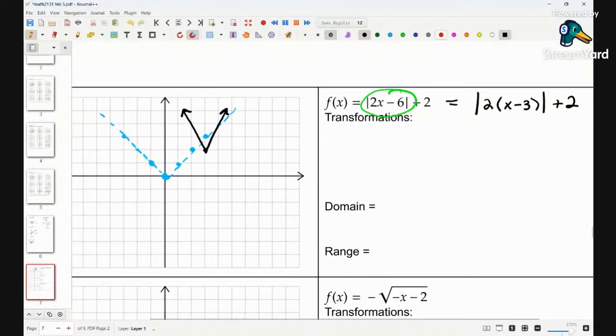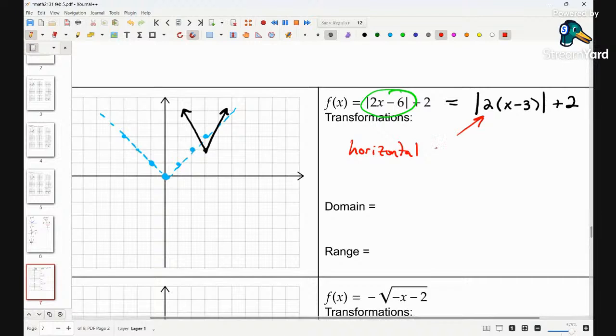What are the transformations? Horizontal. Stretch or shrink? Or compression, whatever word you like. Shrink by how much? Awesome. If you can say this confidently and you know it for 1 week's time, in a week's time, you're in a good position now to do well on the exam.